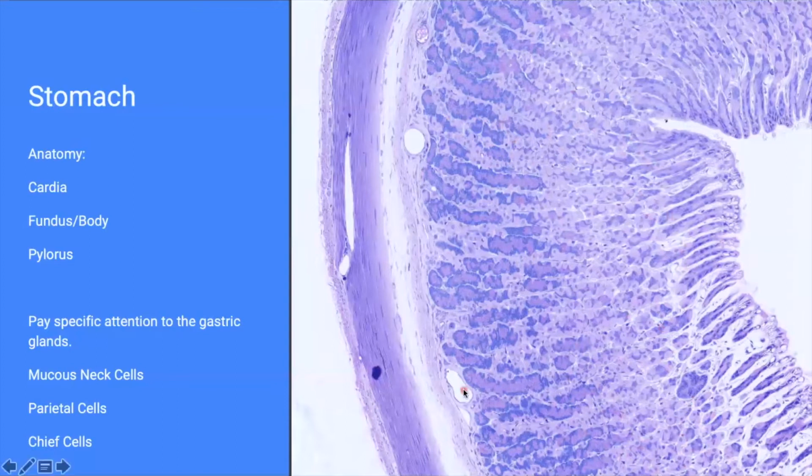And then finally, the lower 1/3 of our gastric glands, these are our chief cells, as well as a few other cell types that I didn't mention here, that are responsible for producing a zymogen called pepsinogen, which is further converted into pepsin to help break down proteins. So mucous neck cells, parietal cells, chief cells, as we go deeper into the glands.